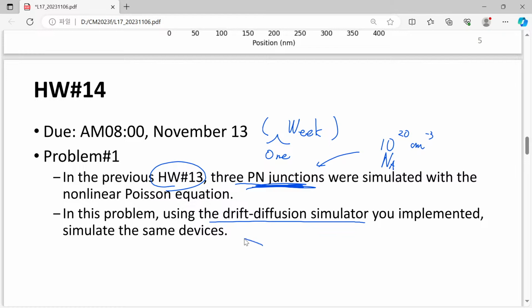Then simulate the same devices. If you just apply your newly developed drift diffusion simulator, then you will find that within a few iterations, you get the solution that seemingly is the same solution quite easily.